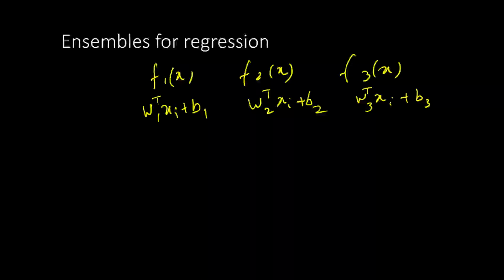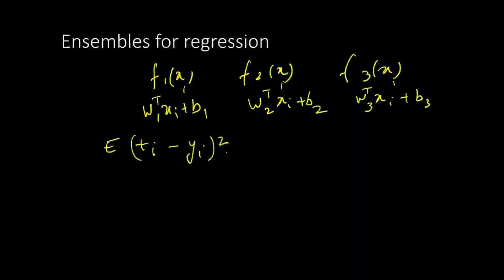Now let's look at the variance of the error in this case. Let's say your target was ti. So what is the expected value of (ti minus yi) squared?